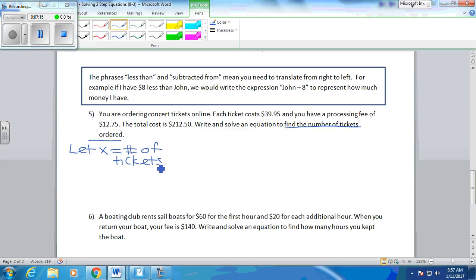In words, to set up my equation, I know that I have the total cost, which you can put on the left or the right side of the equation. It's up to you. The total cost comes from how many tickets I'm purchasing plus the one-time processing fee. So I've got my ticket price plus the fee will equal my total cost.